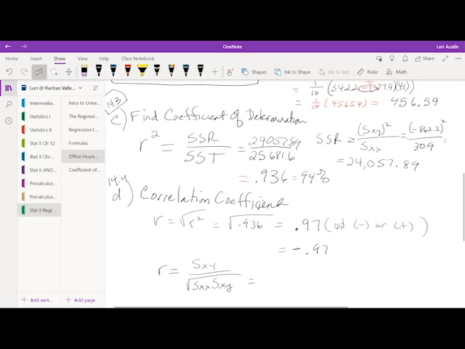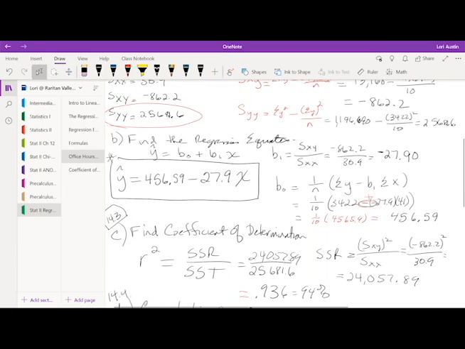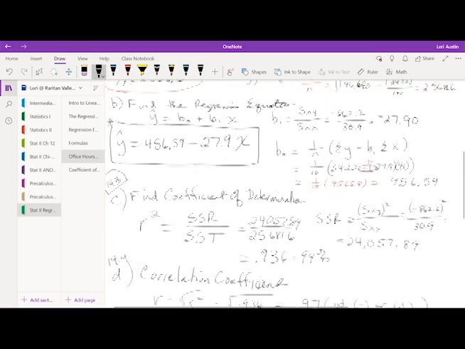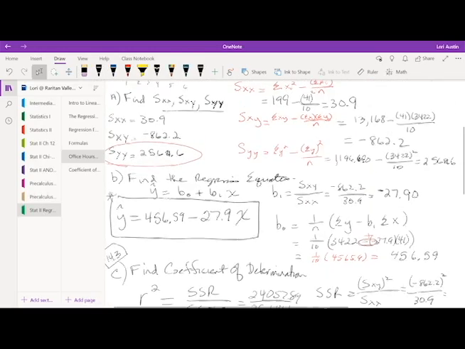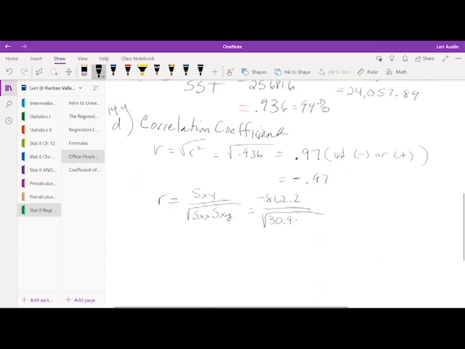But what we don't lose here is our negative. Our negative is actually in there. So S of xy was, it's up top, negative 862.2. And then S of xx again was 30.9 times what?